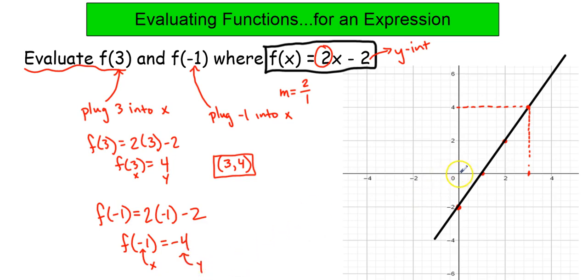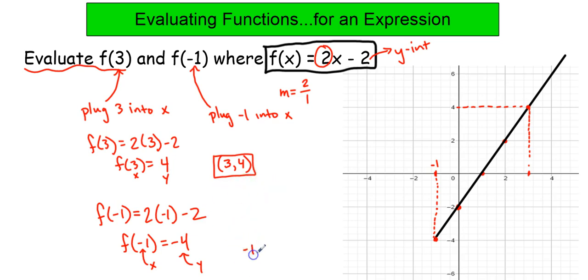So if I go over here, I start at 0, I go over 1, so I go left 1. There's an x of -1. And if I go down to where my function is, it's going to have a height of -4, or a y value of -4. So that's really all these things are.